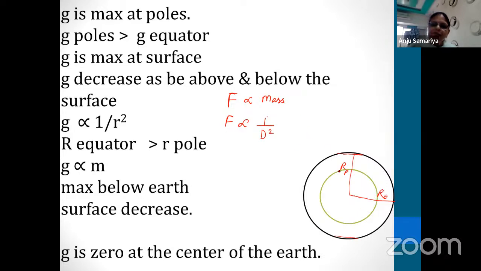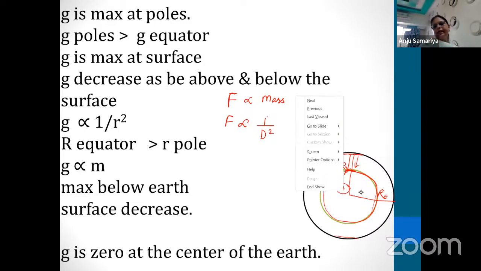Okay, so if we go down, look at this point. Here we are going down. Now look at this, this will be the volume of the earth at this point. When we excavated, we went down in the mine. So the mass of this earth will be less. The entire big mass will be M, right? And now this new mass will be small. Correct? As we go down, the mass of the earth will decrease.